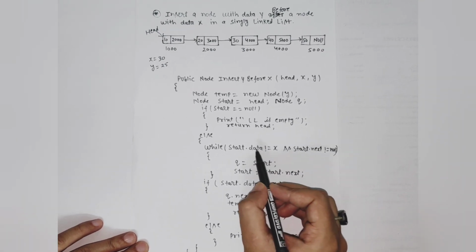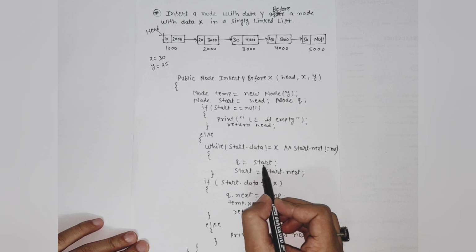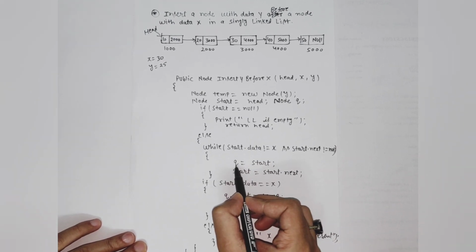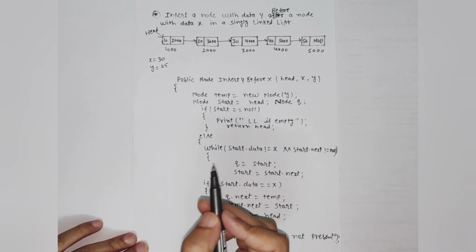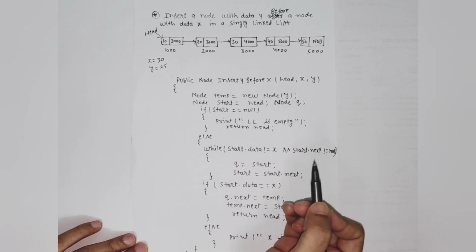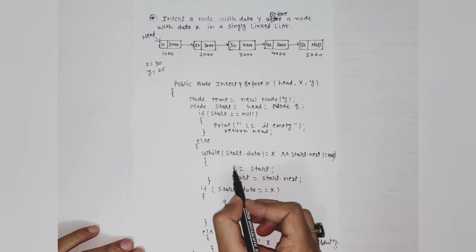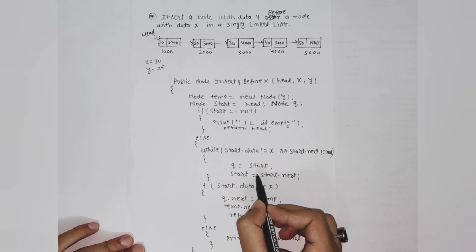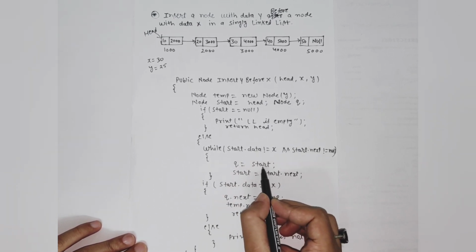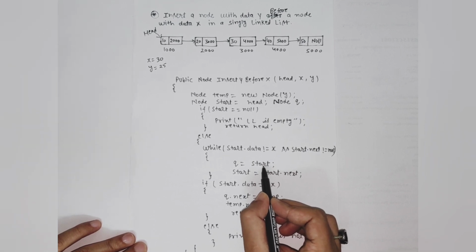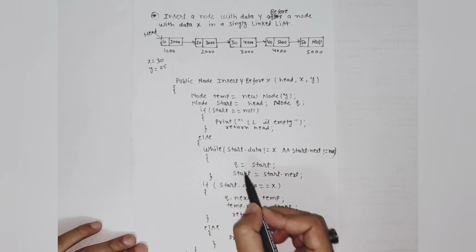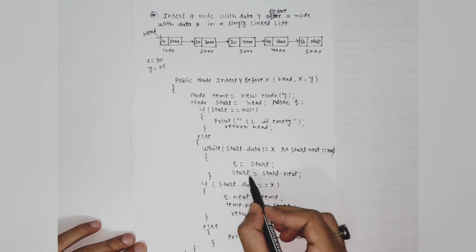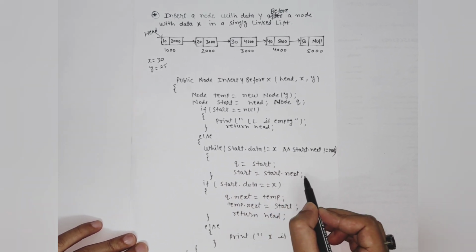After that, first we will assign the start value to q because we want to place our node before the data value x. So we will make use of q. Before moving the start pointer, first we will assign the start value to a temporary pointer q. After that we will increment start to start.next.